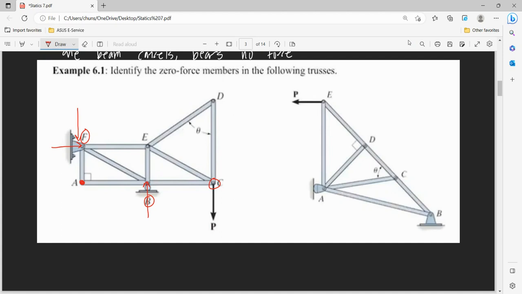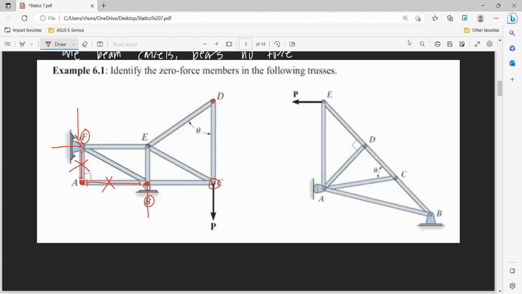So we have 2 non-collinear beams that are attached at A, right? And we see that pin A itself isn't actually holding any load, right? There's nothing acting on that pin. Because they're not collinear, then that means we can cancel out both of these beams. Okay, so beam AF and AB are both zero force members.